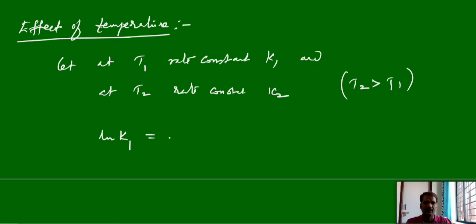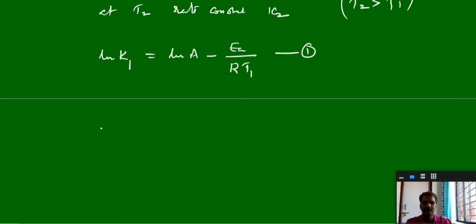So, ln of K1 is equal to ln A, anyhow it is constant only, the value will not change, minus Ea by RT1. This is equation 1. Similarly, at a temperature T2, ln K2, this we can write as ln A minus Ea by RT2.